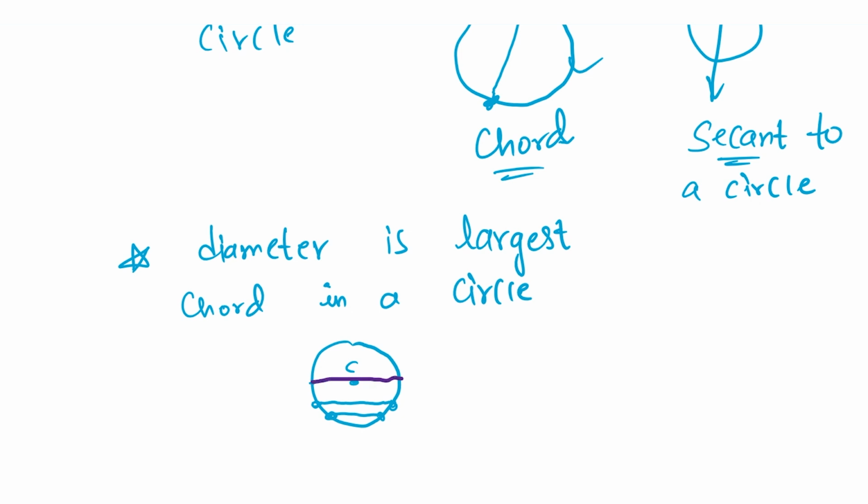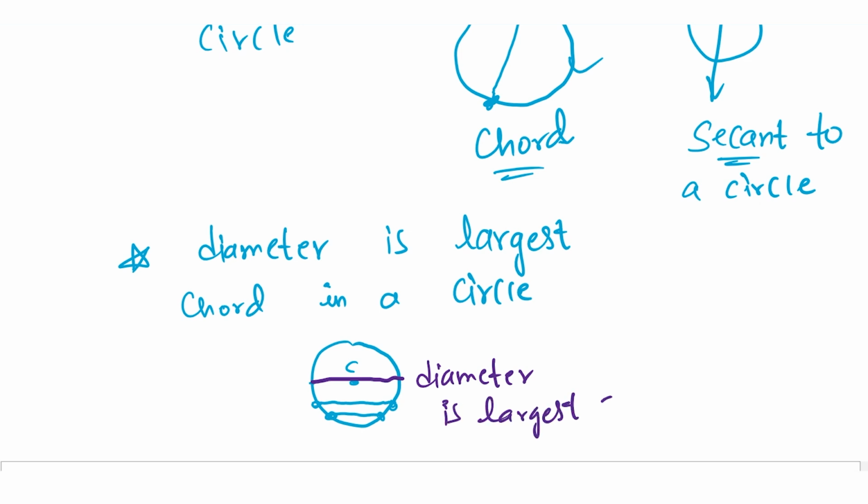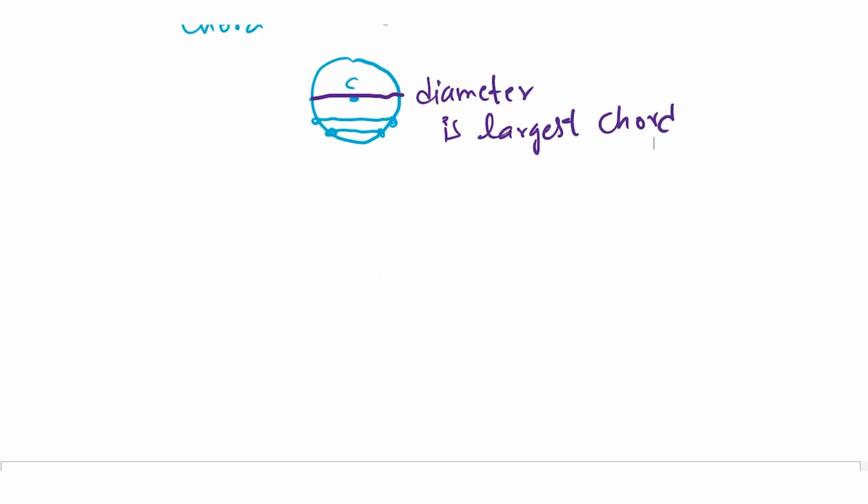This line segment is the largest. How many diameters can a circle have? Infinite. So by the diagram we can say that it is the largest. So that's about that.